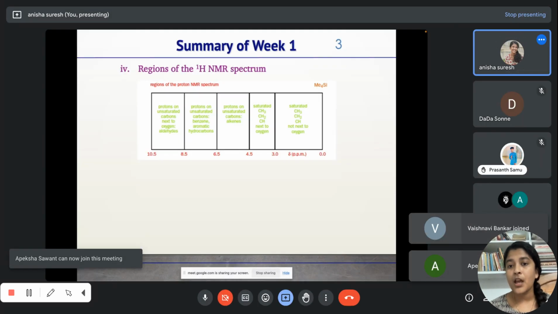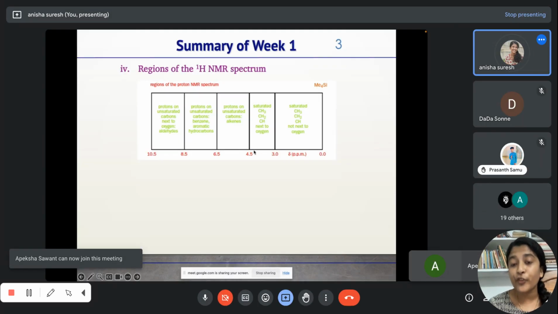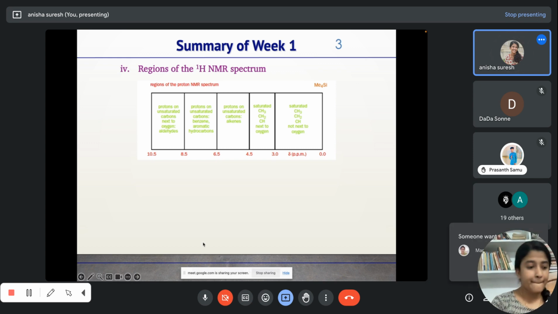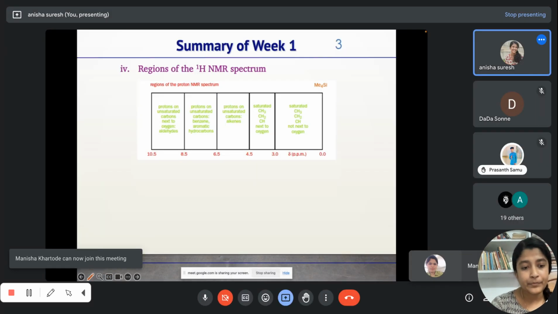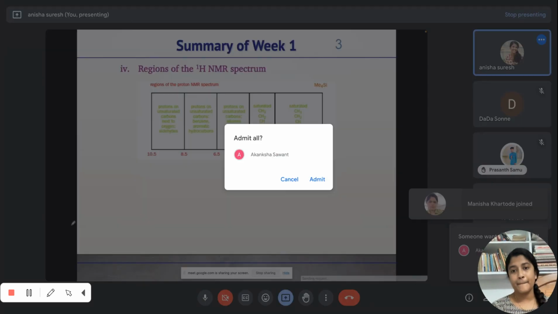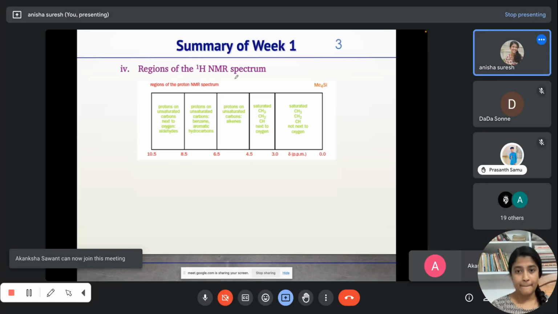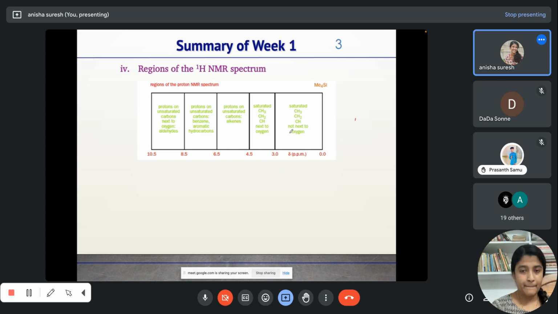In the region of 3 to 4.5 ppm, saturated CH3, CH2, CH that are adjacent to oxygen are seen, like R-O-R groups.